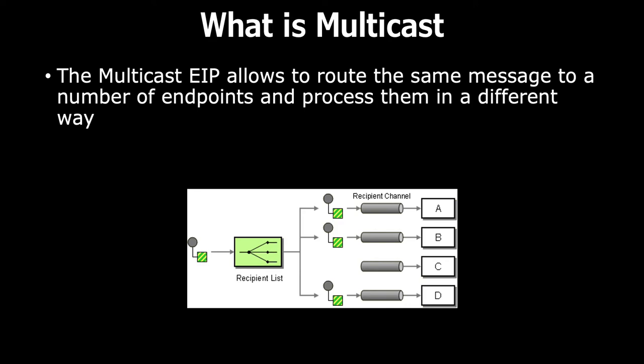Say I have a content management system where my story writer is writing something in English. As soon as that person submits the story, it can come to the server, and the server can broadcast it to multiple endpoints which are responsible for translating that piece of text into regional languages.